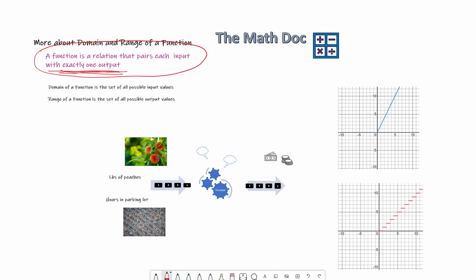The point is that if we had said that we have this machinery called a function, illustrated here with this little machine, and that machine gets inputs that are from the domain and generates outputs that are part of the range of the function. And we used two main examples. We talked about the price of peaches. We said the price of peaches equals 2 times the number of pounds we're buying.